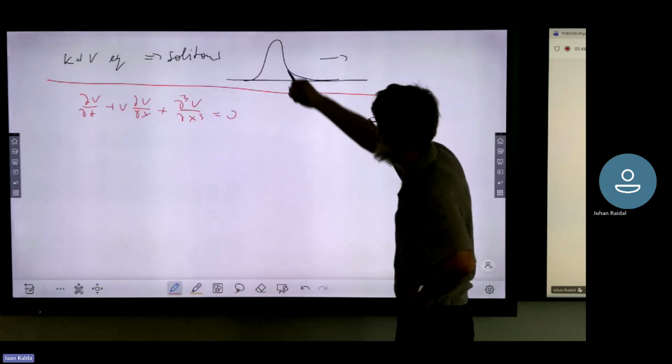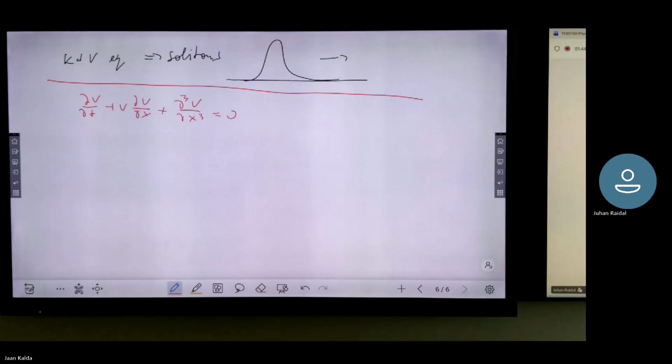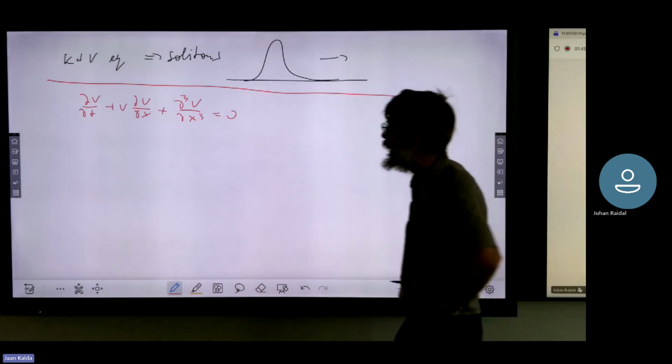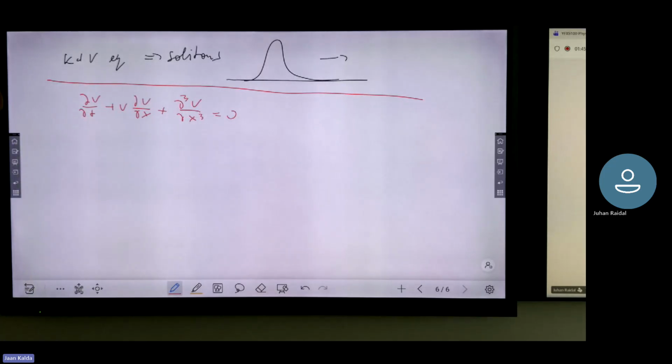Now we have a solution that propagates with a constant speed. Then it means that we can go to a co-moving frame again. Let us go to a frame that moves with speed u. In that case, we expect that it is stationary.